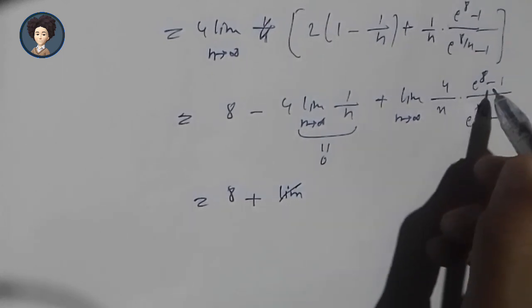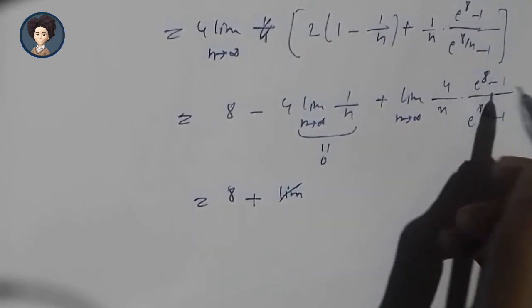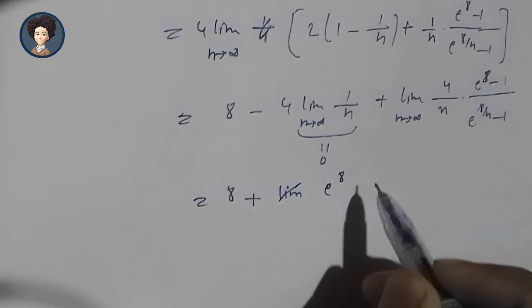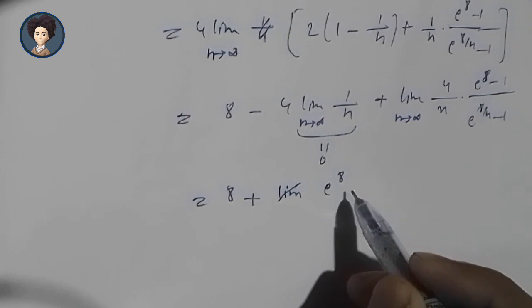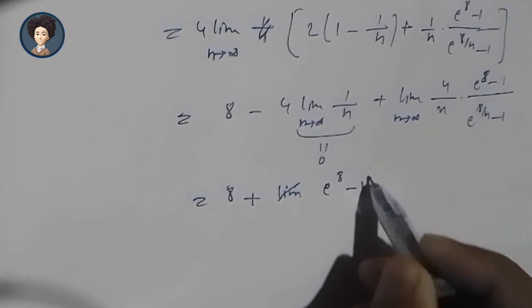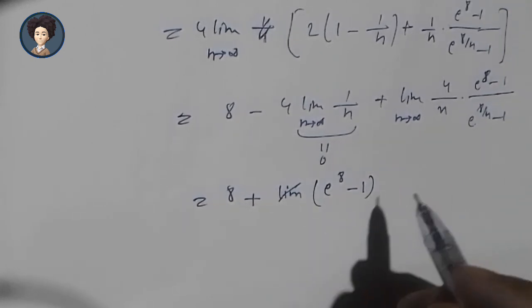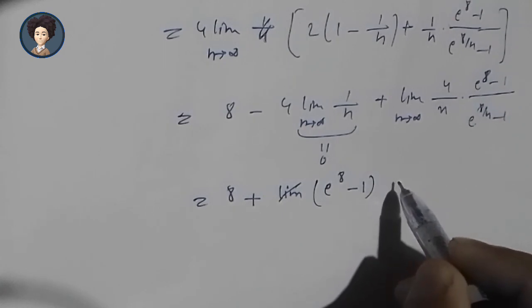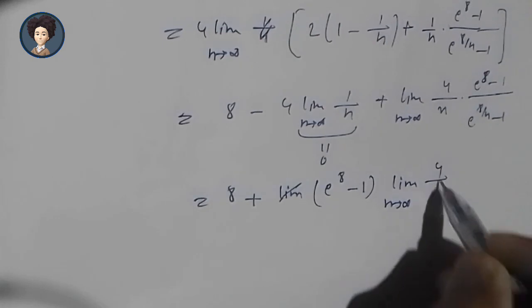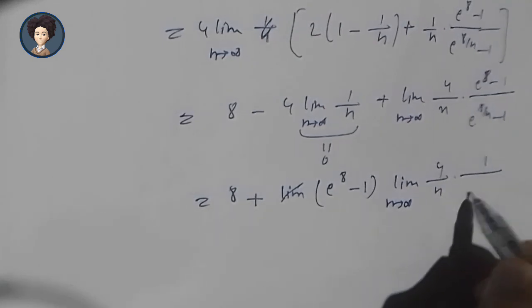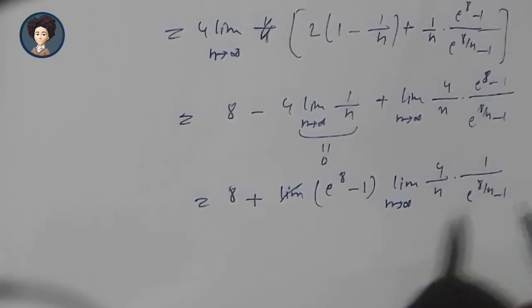Since this e to the power 8 minus 1 is a constant term, we can bring this in front of this limit term. So then e to the power 8 minus 1 we get here, and this will become the limit as n tends to infinity of 4 by n into 1 by e to the power 8 by n minus 1.